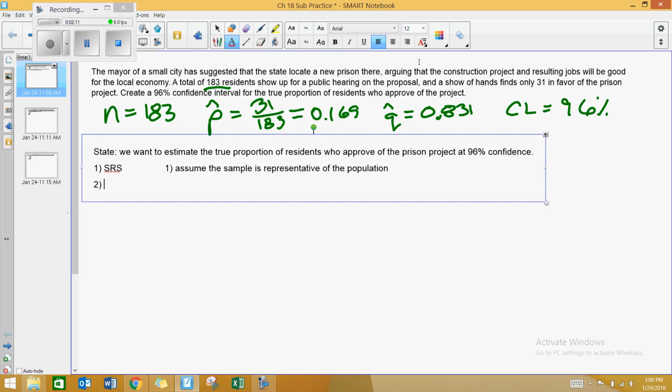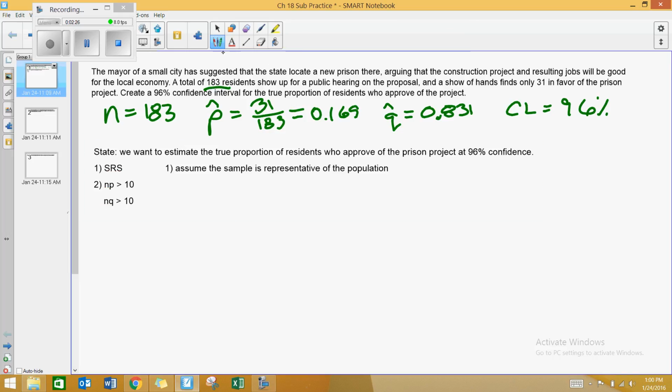All right, 2: n p hat is greater than or equal to 10, and n q hat needs to be greater than or equal to 10. We don't know the true proportion, that's what we're trying to estimate, so that's p hat, and this is q hat.